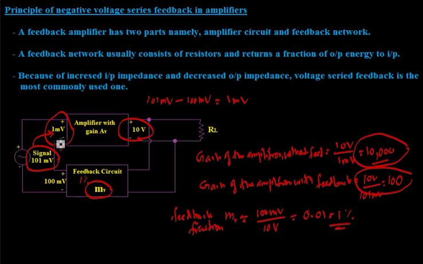So we can say that when negative voltage feedback is employed, the voltage actually applied to the amplifier is extremely small.